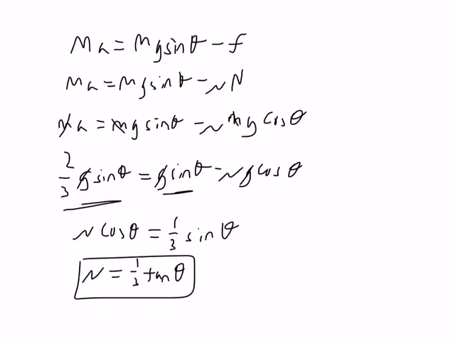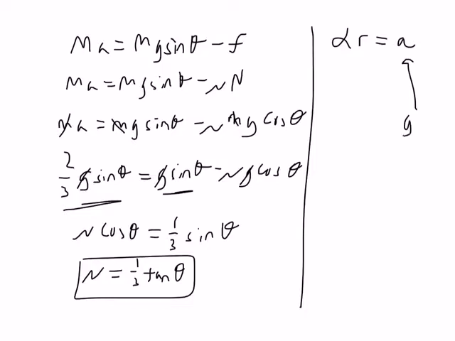There is another way. Actually, there's a couple other ways, but the other one I think is kind of neat is that the rolling without slipping condition in terms of accelerations is that alpha r equals a. And so we know what a is, right? We just found that, 2/3 g sine theta.